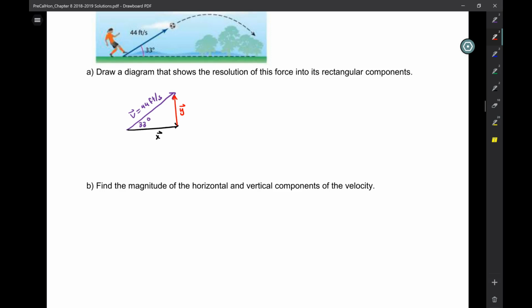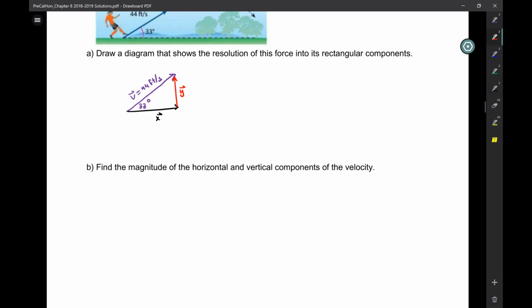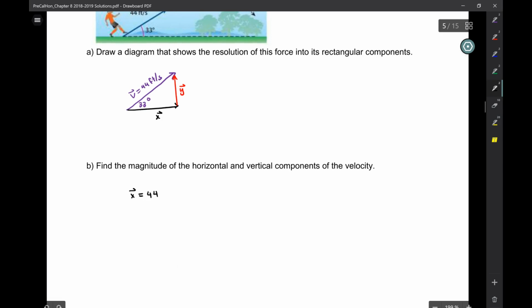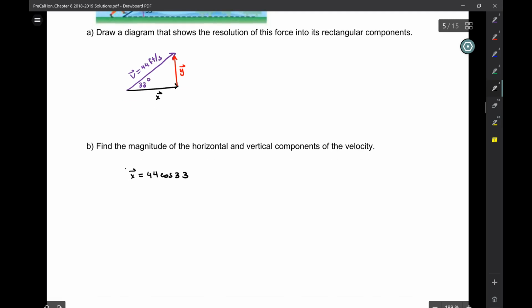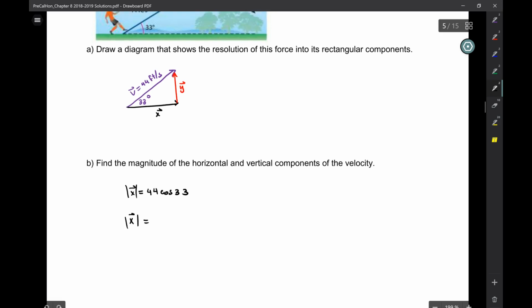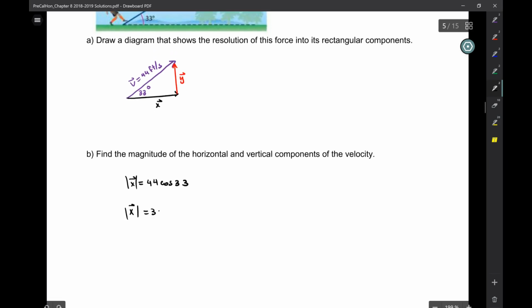So that's the diagram. Now find the magnitude of the horizontal and vertical components. So the X component, this is the horizontal, the adjacent, it's the cosine. So it's going to be the vector, 44, times the cosine of the angle. So the magnitude is 36.9.